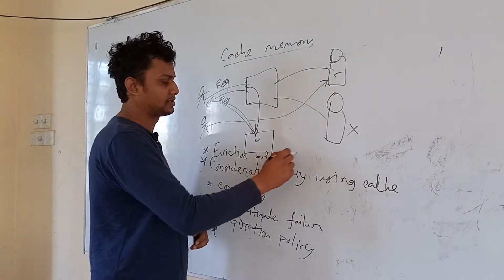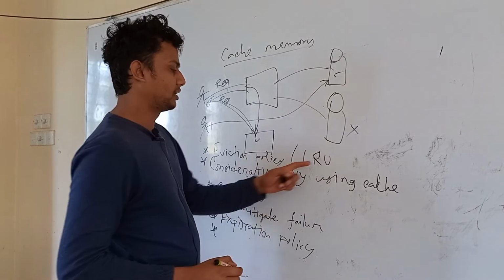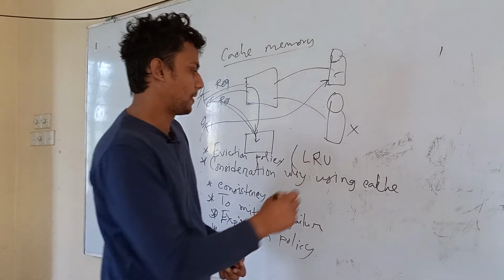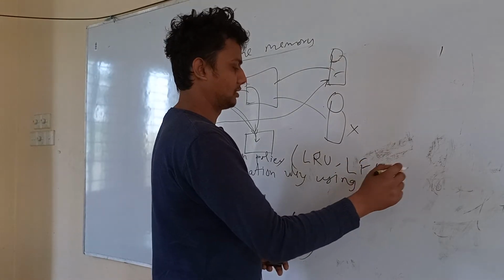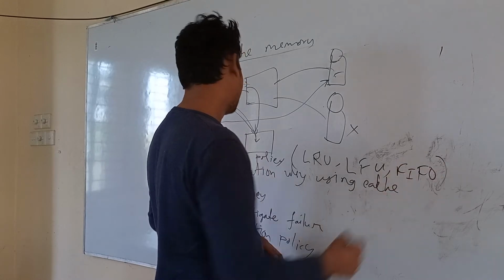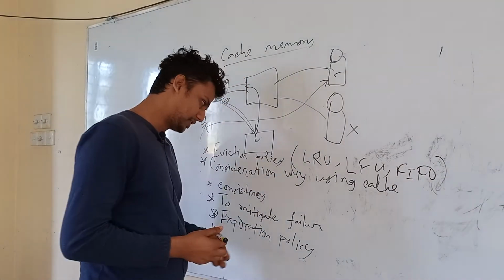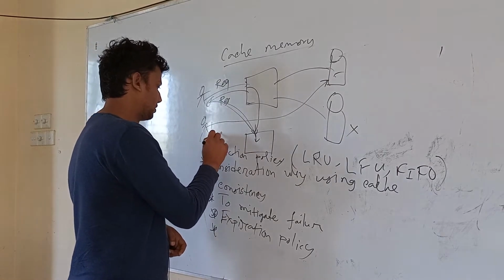There are several algorithms: LRU, least recently used, LFU, least frequently used, and FIFO. These are the common algorithms for the eviction policy, and this is also called cache policy.